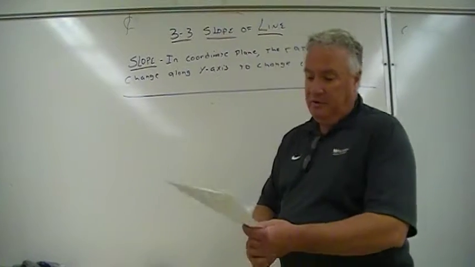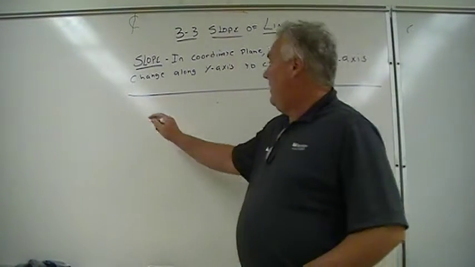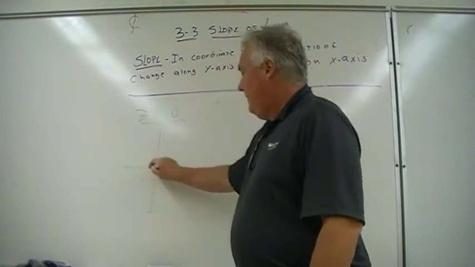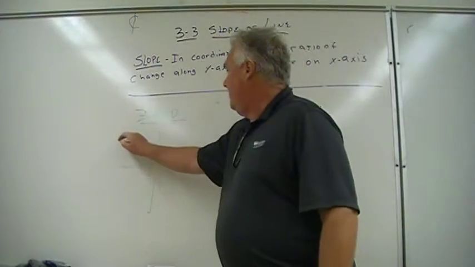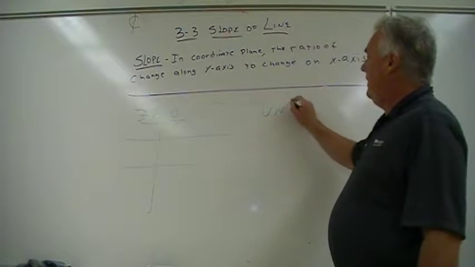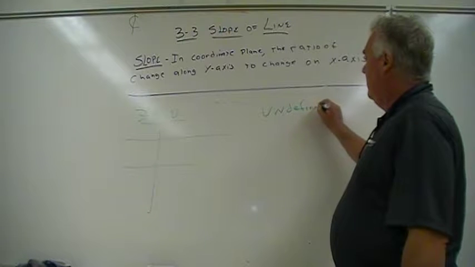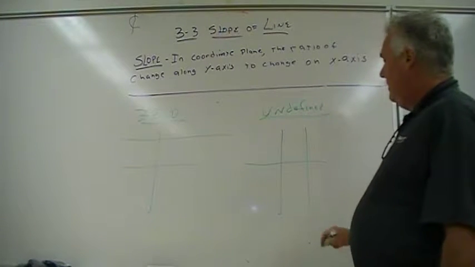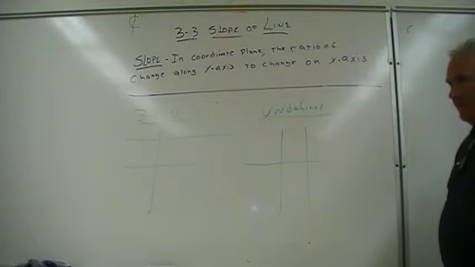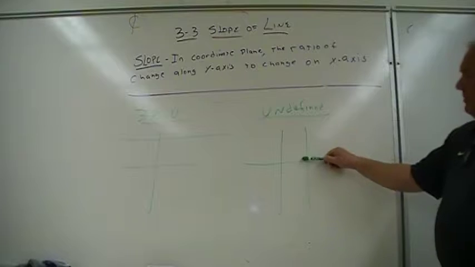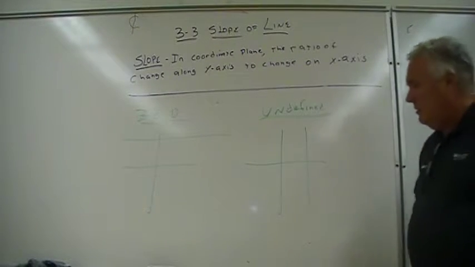So you can put those in underneath. Then we have the zero slope. And there's that. Our zero slope is horizontal. And our undefined is vertical. Straight up and down. We have perpendicularity right there.